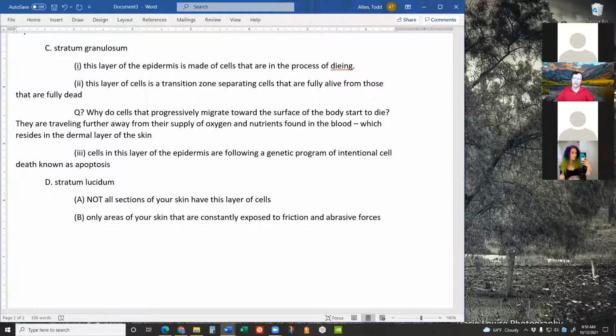You're going to develop calluses on your fingertips, that type of thing. Constantly exposed to friction and abrasive forces, things which produce calluses, will contain this layer of epidermis.